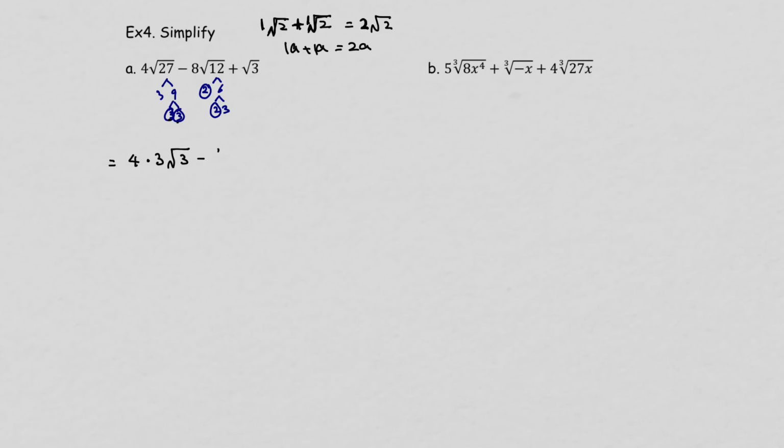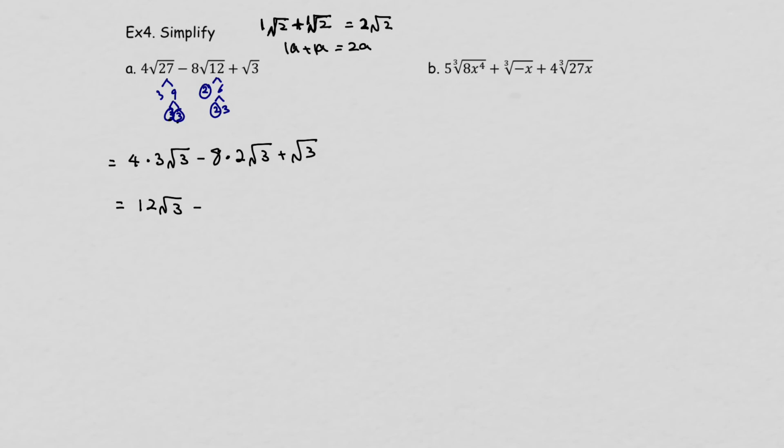And the next one, you had 8 times 2 square root of 3 plus square root of 3. You do multiplication before subtraction. So this first radical, you have 4 times 3, right? So you're going to get 12 square root of 3.